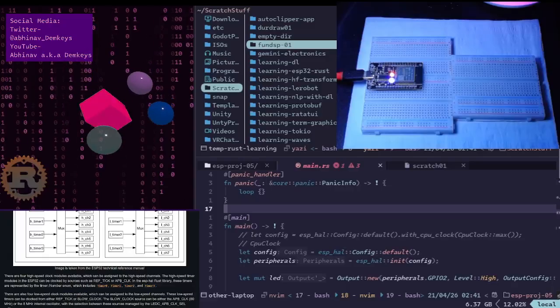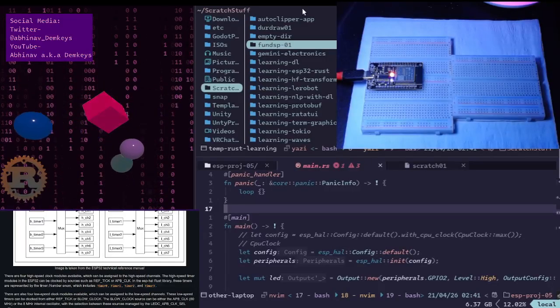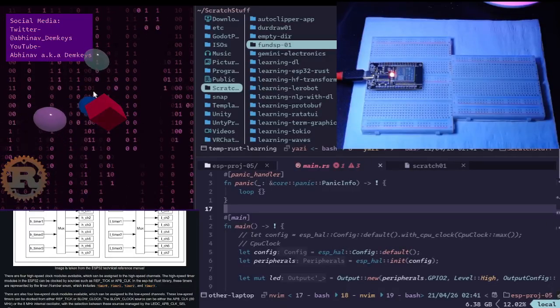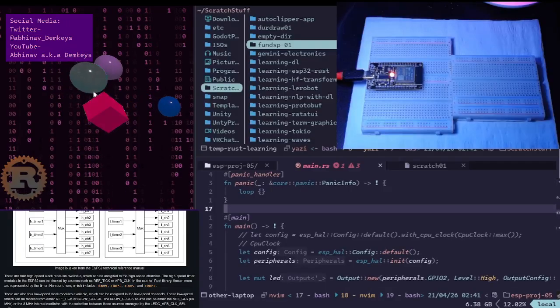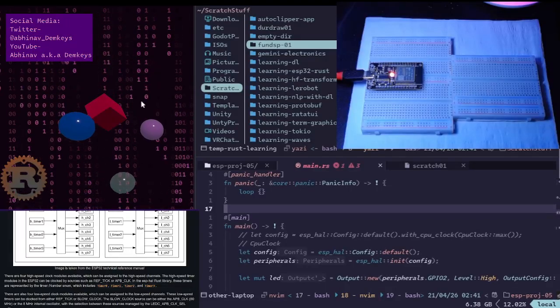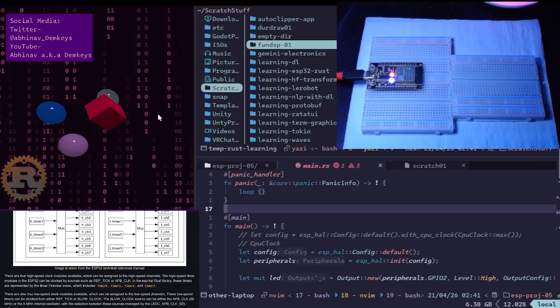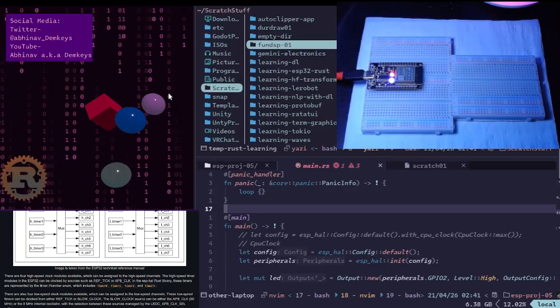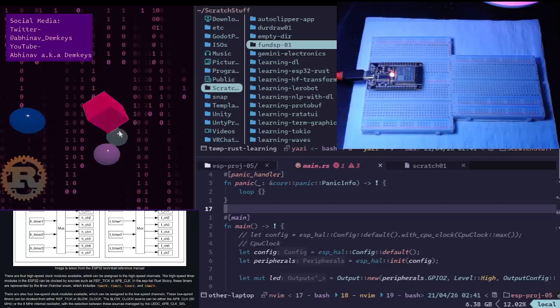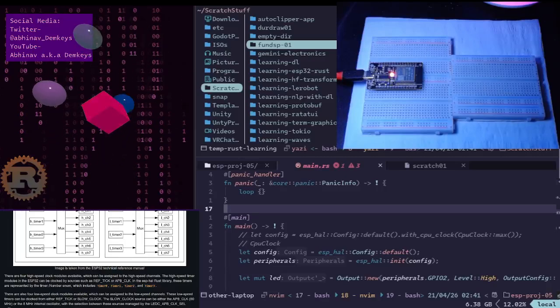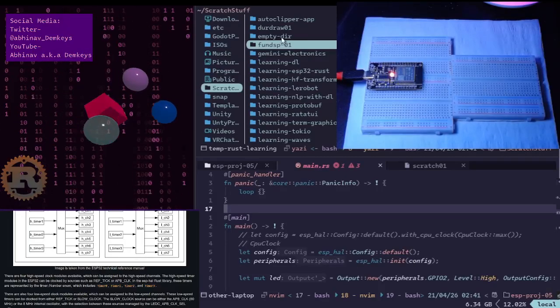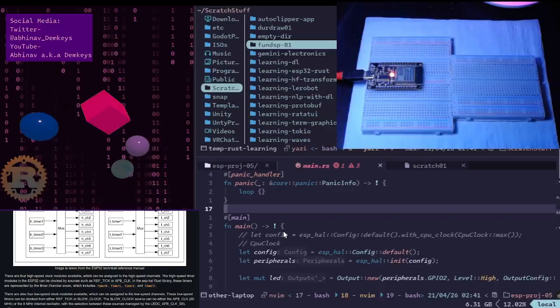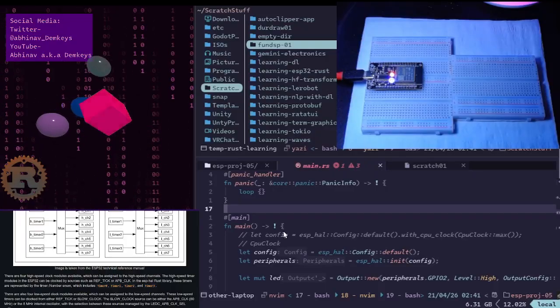Ever since I set up this new layout, I have these three windows. I have these three panes. This is one WesTerm tab, and within this tab, I have three panes set up.